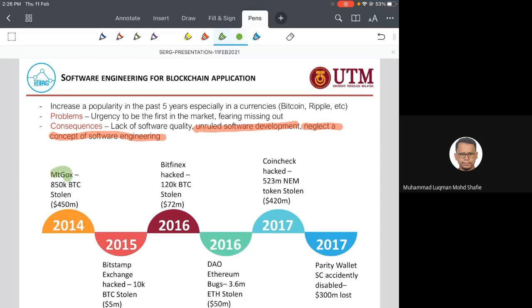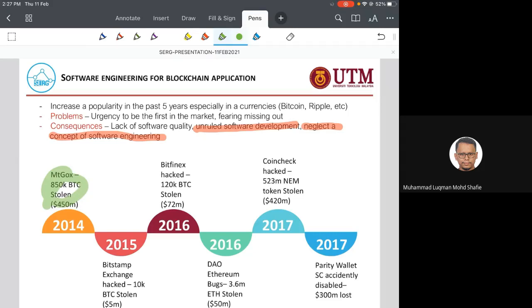For example here, MT Gox lost about 450 million because the application was hacked by hackers. The hackers hacked the application, meaning that they did not hack the block. The block is very secure. The hackers acquired a number of usernames and passwords, and if the hacker gets the username and password, the hacker logs in and then transfers to another account.